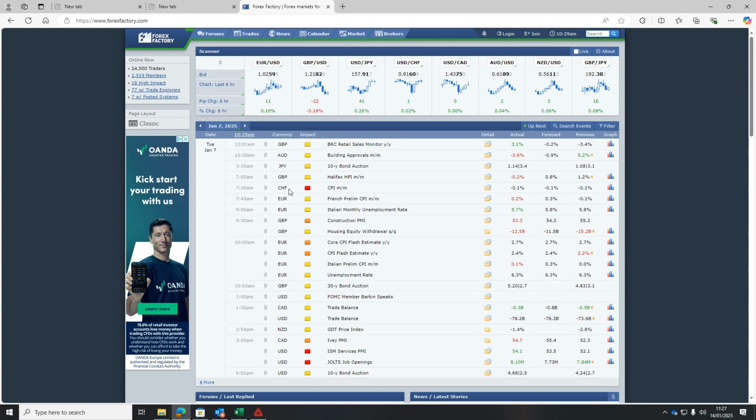The pound USD will be affected, and the pound JPY and all these other pairs. So when we've got news, we expect to see volume in the market. That's the reason why we look at the Forex Factory.